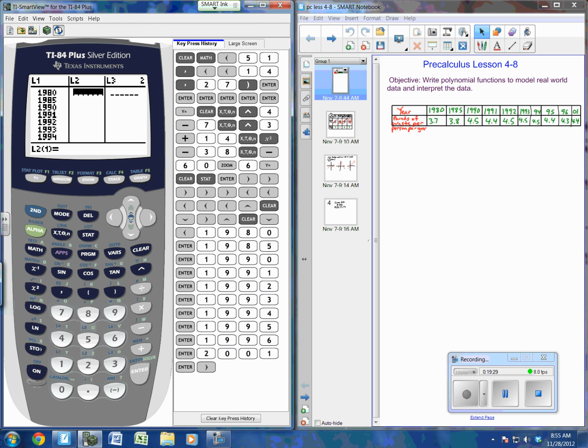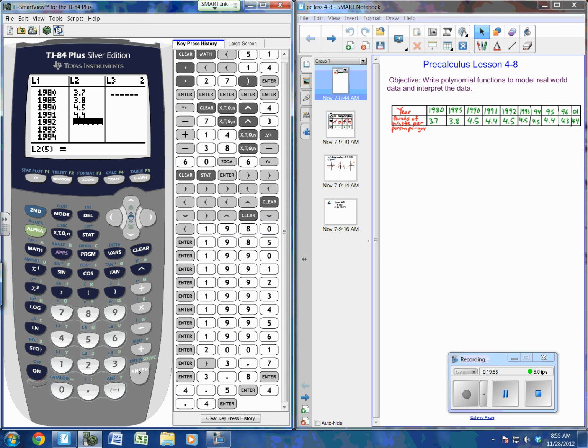Hit the right arrow button and go over to list 2. We're going to put in the pounds of waste per person per year. In 1980 it was 3.7, so hit 3.7 and enter. Then 3.8, enter. 4.5, enter. 4.4, 4.5.